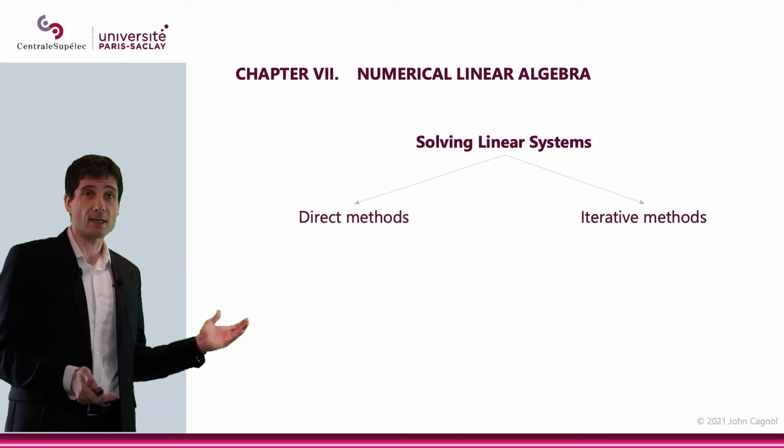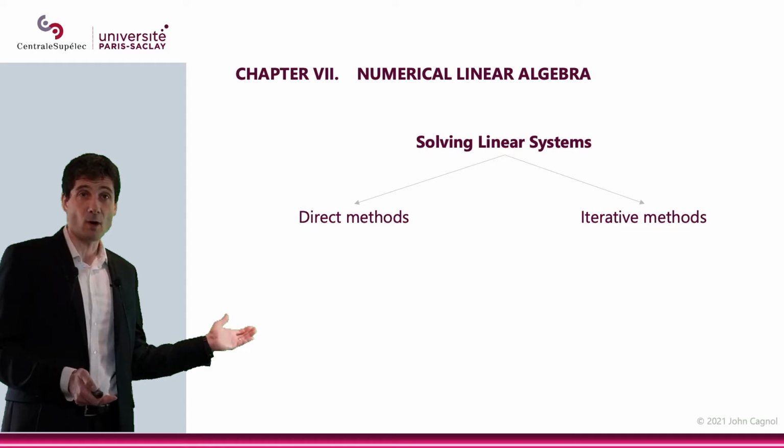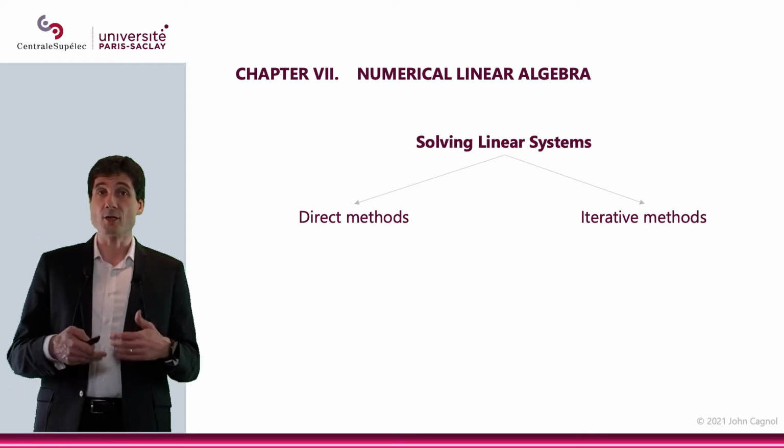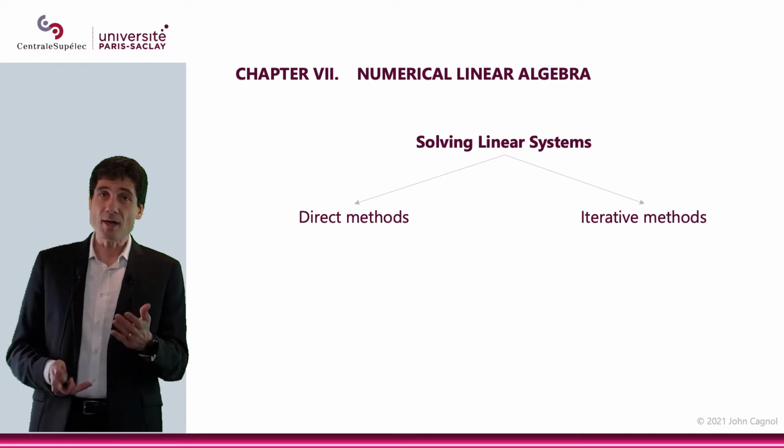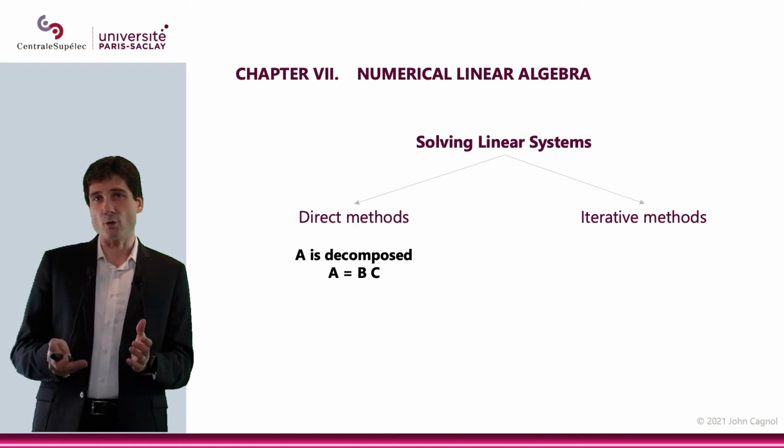To solve linear systems, we will see two types of strategies. The first one is what we call the direct method, while the other one is called the iterative methods. Direct methods is basically what you're used to.